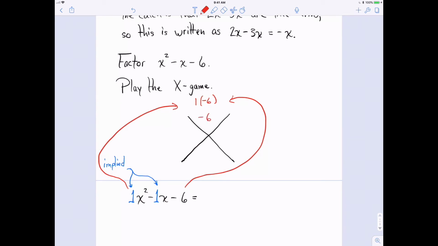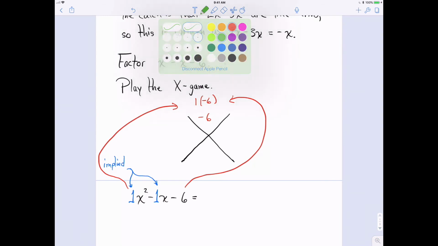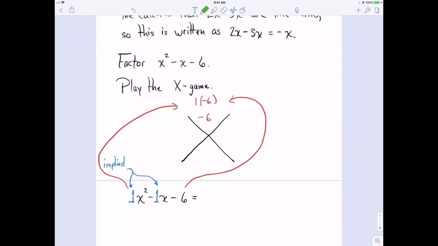Then we take the number in front of just the x, not the x squared, and we put that in the bottom position. Then we play the game. So now we need two numbers that multiply to negative 6 and add to negative 1. So how about negative 3 plus 2? Yeah, I think that should work.